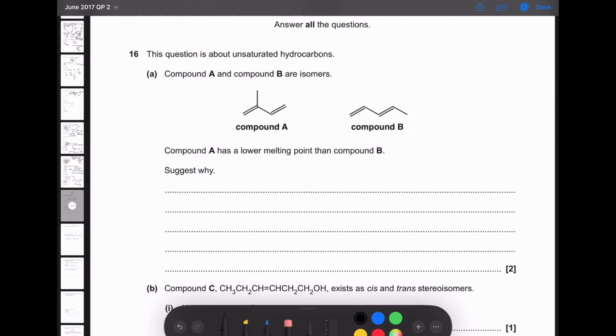This question is about unsaturated hydrocarbons. Compound A and compound B are isomers. Compound A has a lower melting point than compound B, suggest why. Well, the first thing, we have melting point mentioned, so we're going to mention London forces.